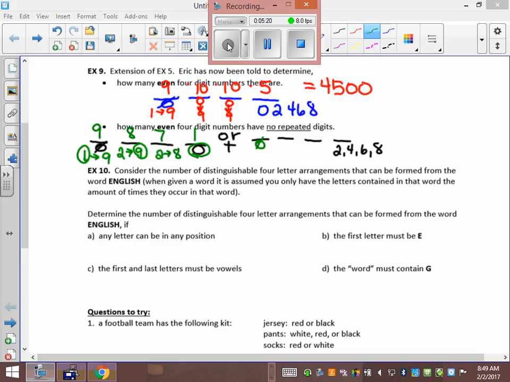So I have 7. So it's 9 times 8 times 7 times 1, which is how much? 9 times 8 times 7. What'd you get? So we have 504 options where the back number is 0.